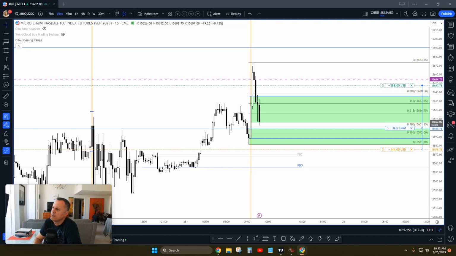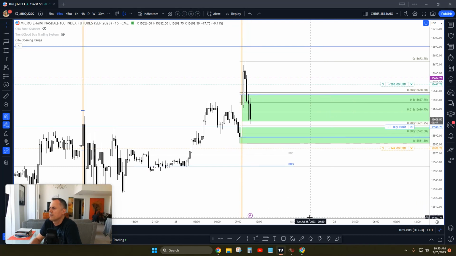So here we go, making a move towards our demand zone. Finally, it hasn't hit that 786 yet, but it is making a move.